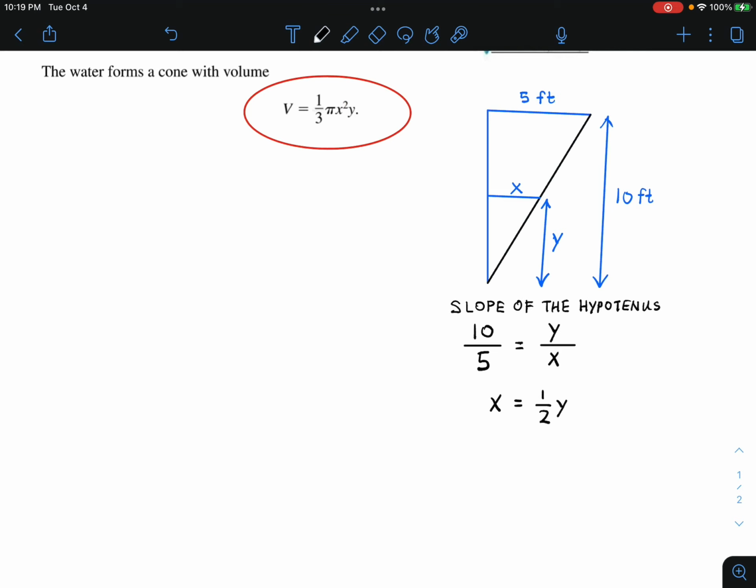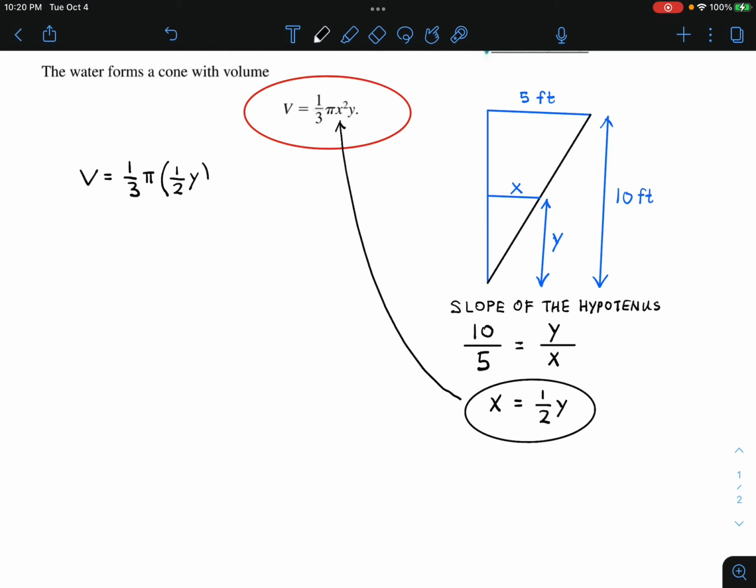So using this relationship as well as the volume formula right here, we will be able to modify this formula, expressing the volume in terms of y exclusively. That will help us determine the derivative eventually, but before we do so, let's simplify the right-hand side a little bit.